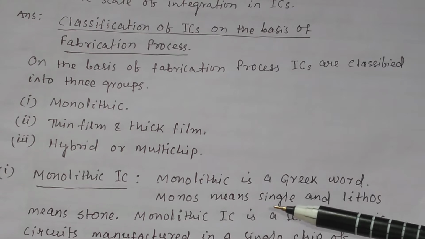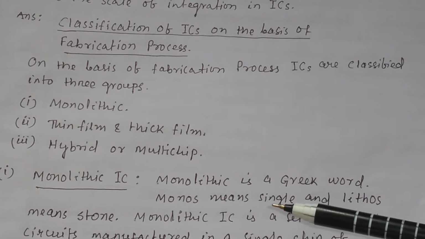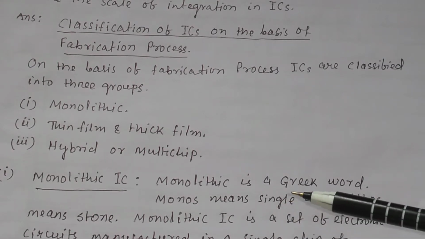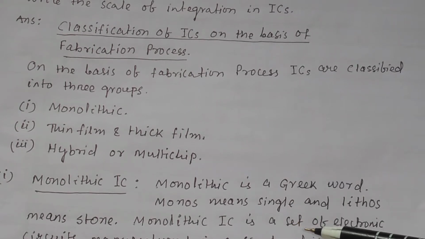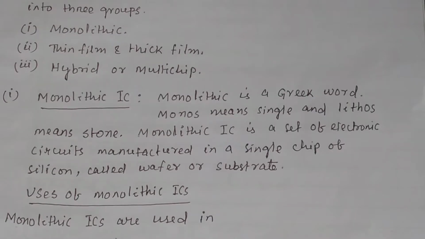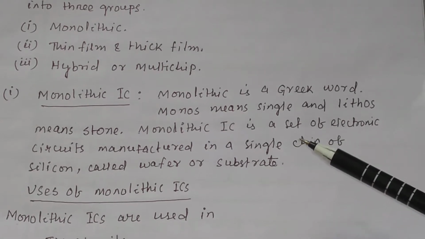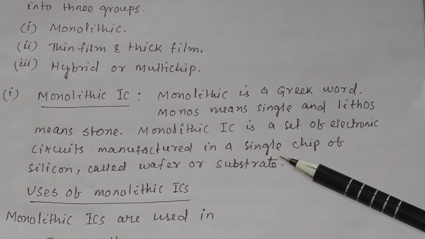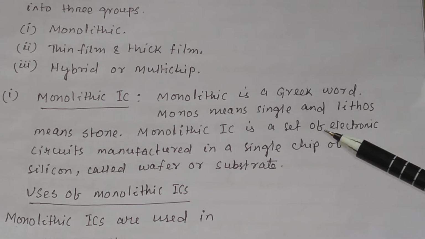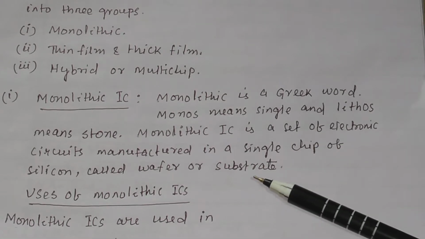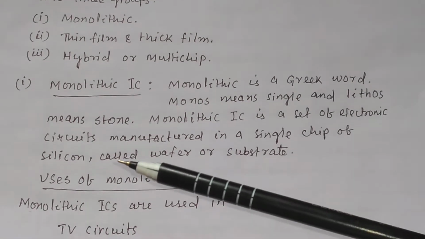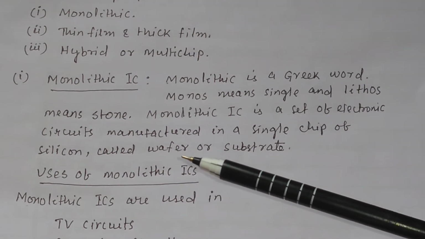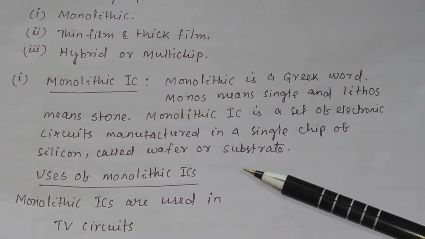So monolithic IC is a set of electronic circuits which is manufactured in a single chip of silicon called wafer or substrate. So in monolithic IC, we basically fabricate all the electronic components in the circuit in a single chip, and the chip is made up of silicon, and that chip is called wafer or substrate.